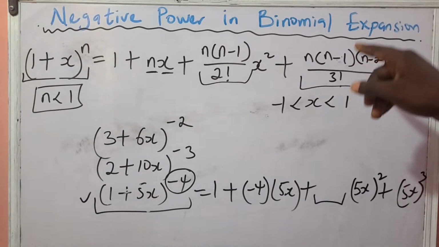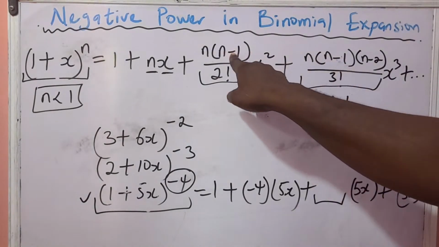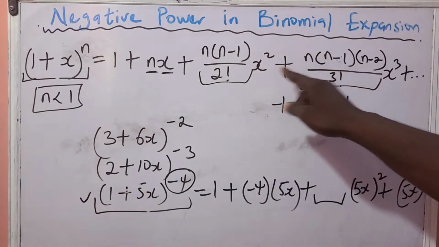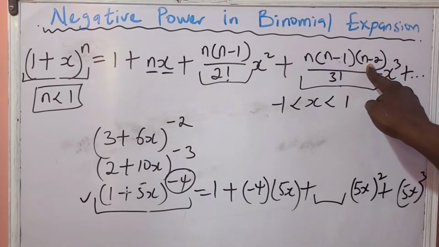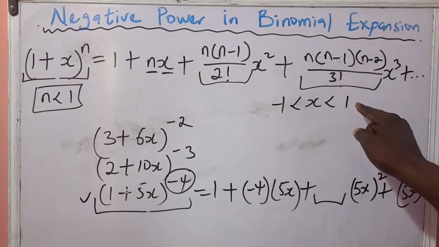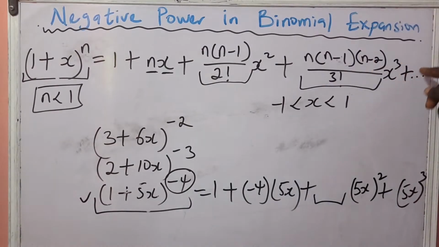The fourth term, look at the format. N times n minus 1, that was the same thing that happened here on the numerator, but with an addition of times n minus 2, and this time over 3 factorial. And instead of x squared, it is x cubed. So if I wanted to write for a next term, look at the way I'm going to write it so that you don't get confused.